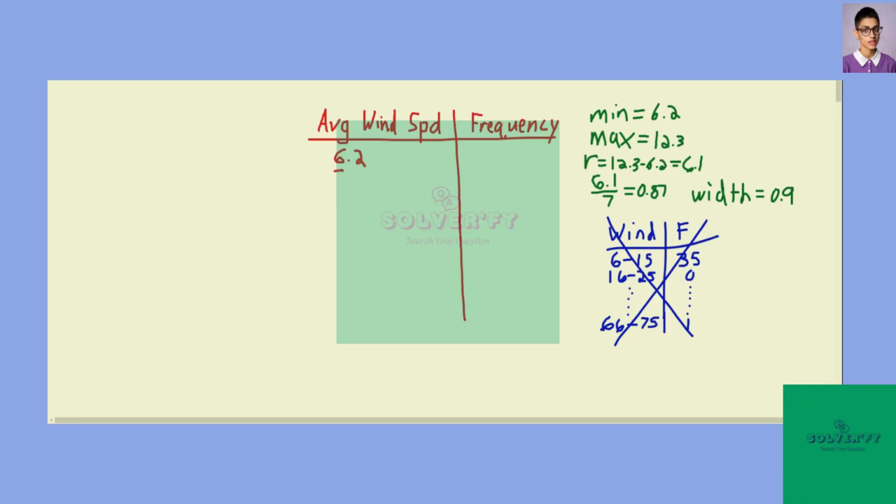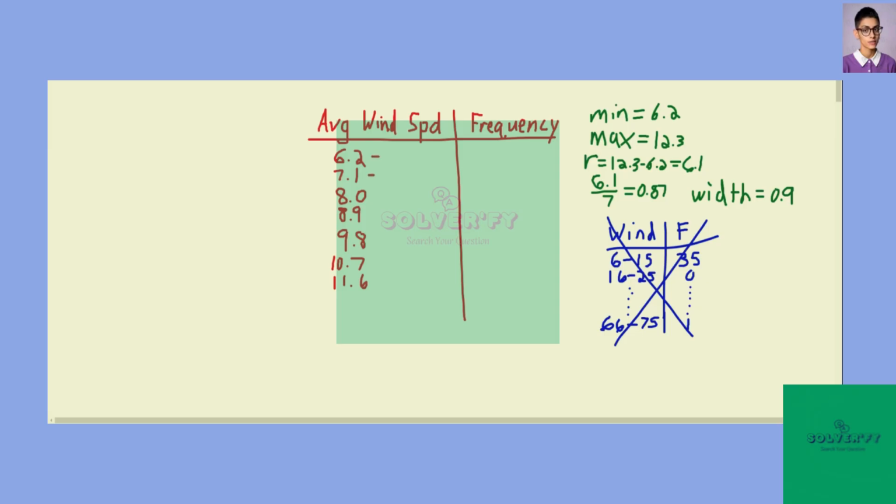And so our next starting point will be 7.1. And just keep adding that width of 0.9 to get each new starting point. 9.8, 10.7, 11.6, and I believe that is our 7 classes.